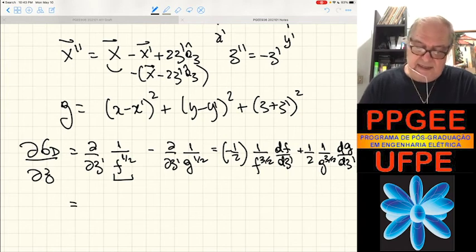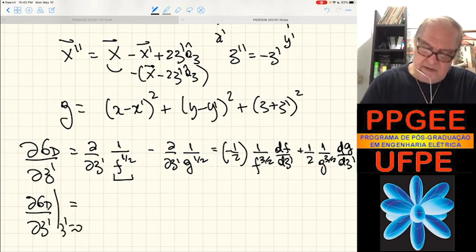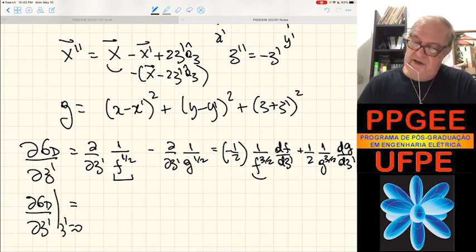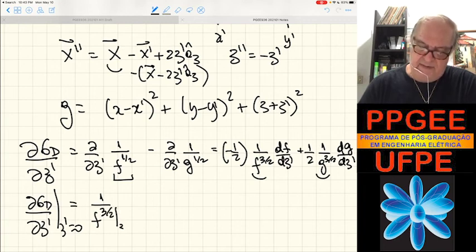So notice that at z prime equals 0, f and g are equal. So it's 1 over f to the 3/2 at z prime equals 0.